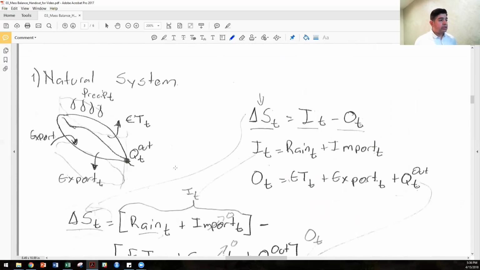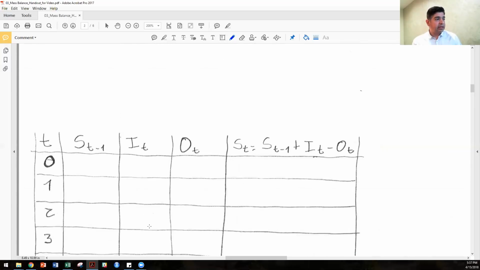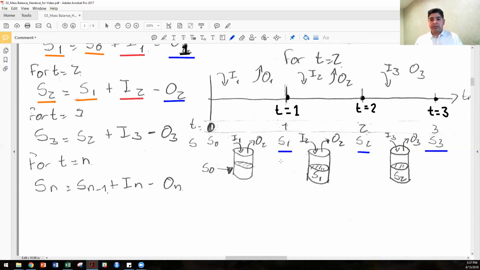Okay? So this is important. Right now, what I explained here is a very basic concept. Whatever is the system that we want to evaluate, we can think of it as a series of buckets and how much water is coming in and out.